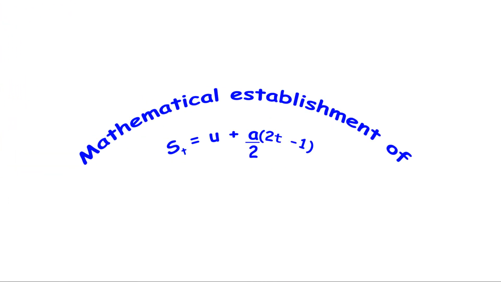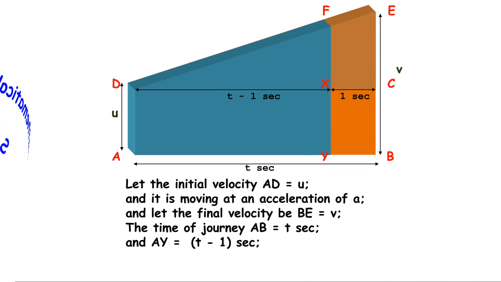Now we are considering the initial velocity of an object that is defined by AD equal to U. It is moving at a constant acceleration of A and the final velocity after T seconds, let it be V, that is equal to BE. Now the time of journey AB equals T, but we are interested to find the total pathway in the Tth second.